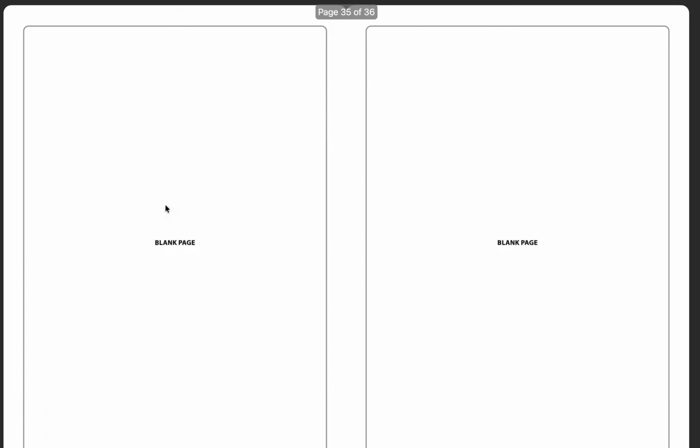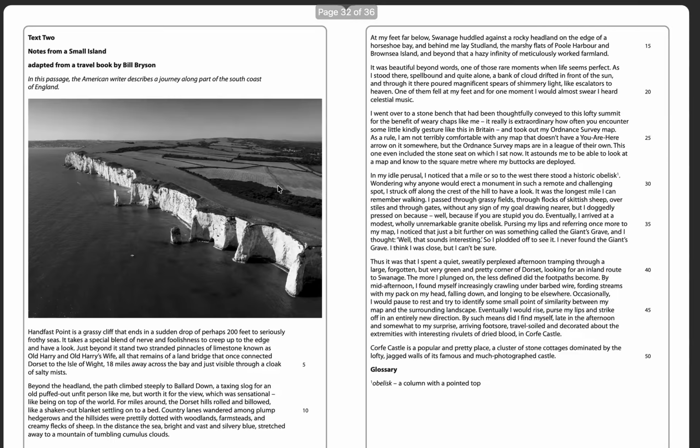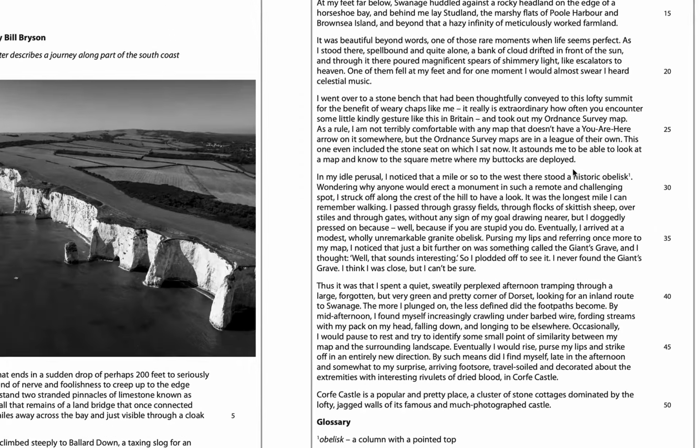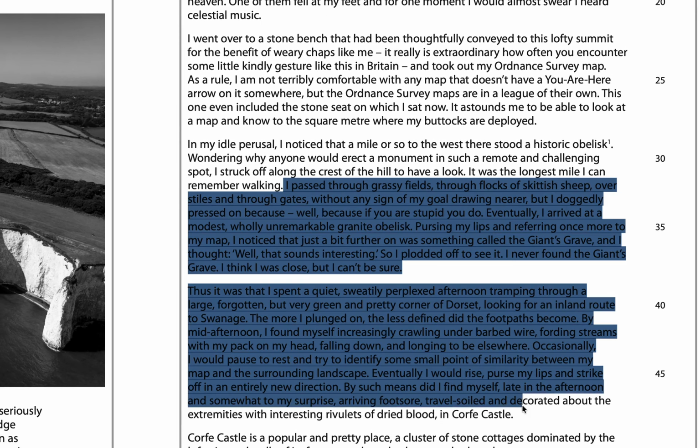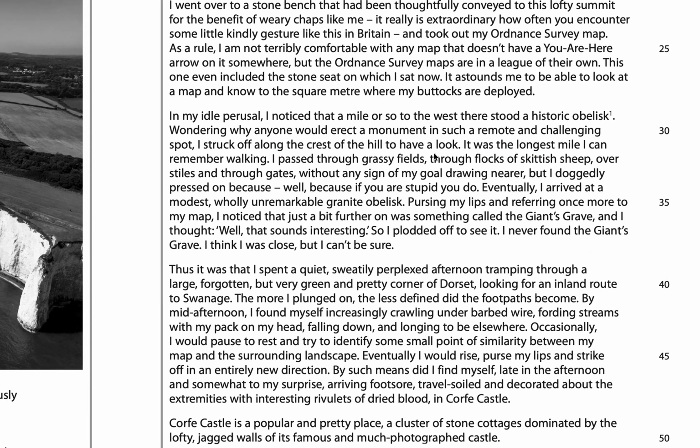Let's find lines 32 to 46. Where is 32 to 46? Over here. This is probably from here up until somewhere there. Yeah, something like that. Rough estimation. That's the line you have to peruse. Don't read them, just scan your eyes. I pass through the grassy fields, blah, blah, blah.